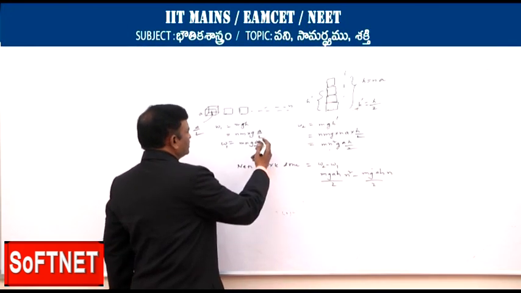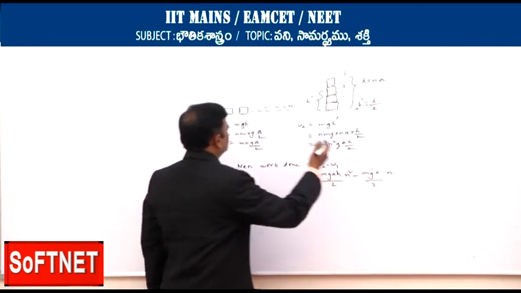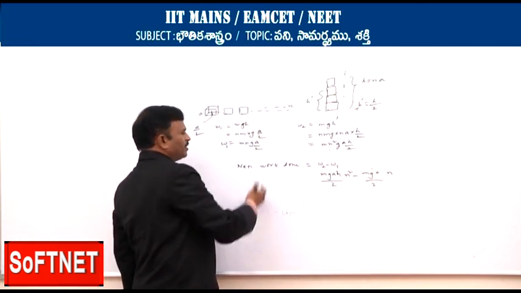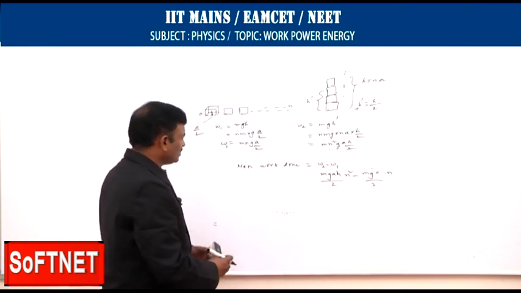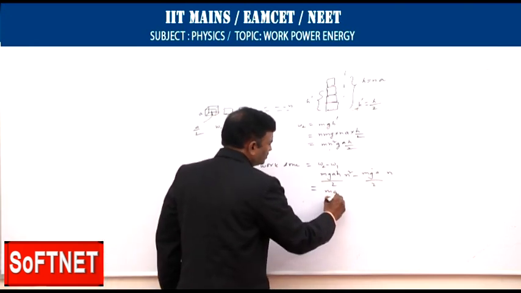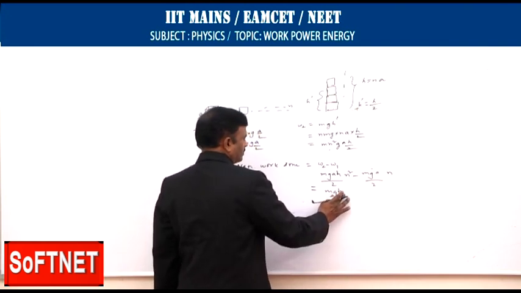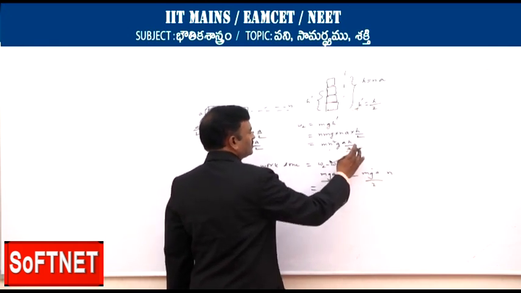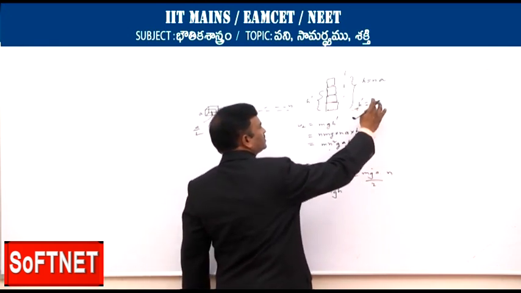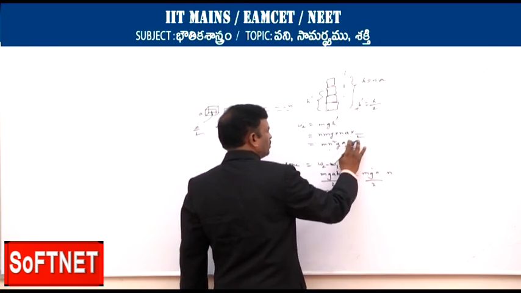Here, in the initial case, we take a by 2 only; h won't be there because all the blocks are at a by 2 only. So the net work done will be mg, and in the place of h we got h dash as na by 2, so h won't be here, na by 2 only.